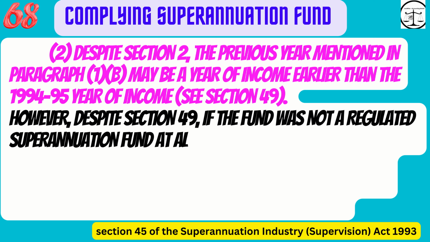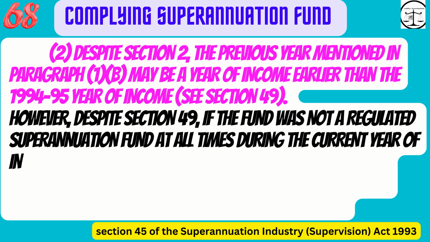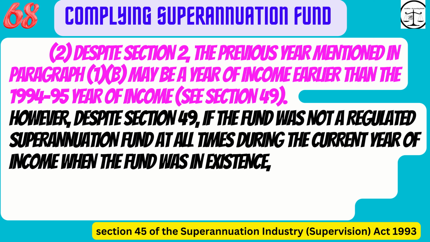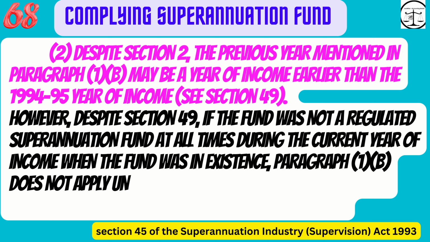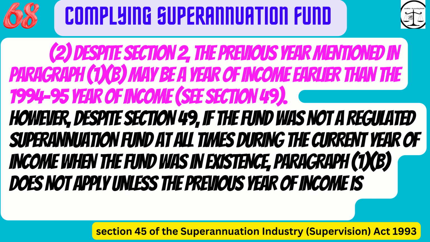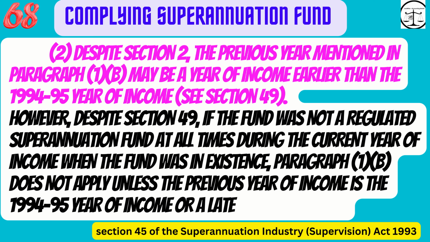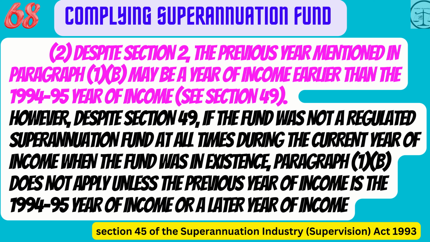However, despite Section 49, if the fund was not a regulated superannuation fund at all times during the current year of income when the fund was in existence, paragraph 1b does not apply unless the previous year of income is the 1994 to 95 year of income or a later year of income.